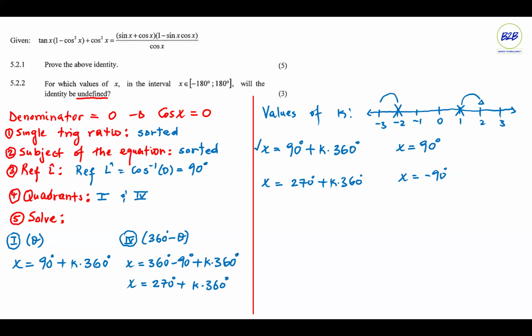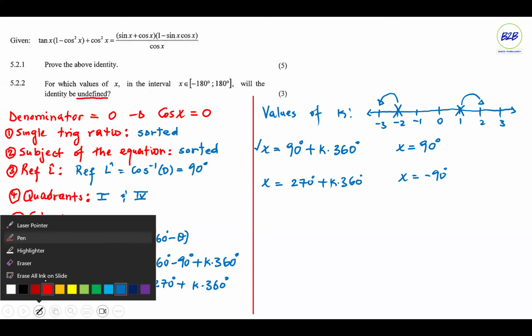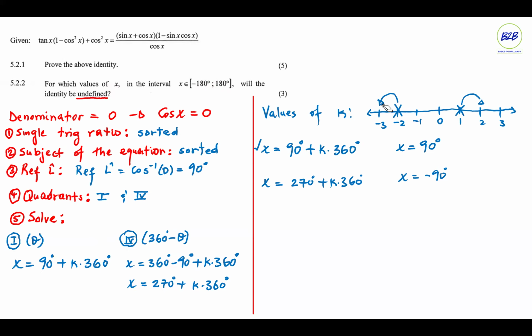Therefore, you don't have to go to k equal to -3, which means the values that we get here are 90 degrees and -90 degrees.